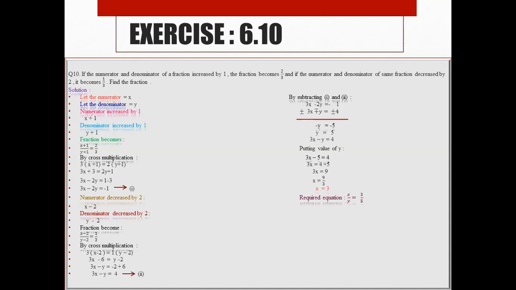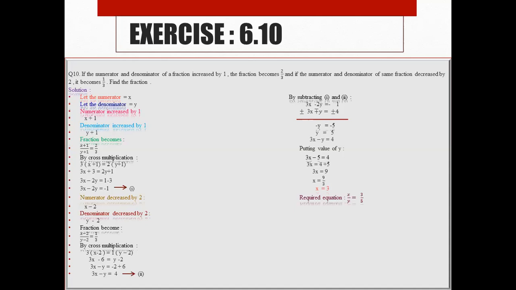The fraction becomes 2 by 3. It means when we write x plus 1 and y plus 1 in the form of a fraction, the answer is equal to 2 by 3. x plus 1 over y plus 1 is equal to 2 over 3. Again, by cross multiplication, I told you this in question number 5, that when we have the fraction form, we cross multiply.